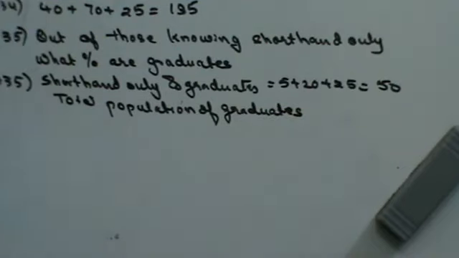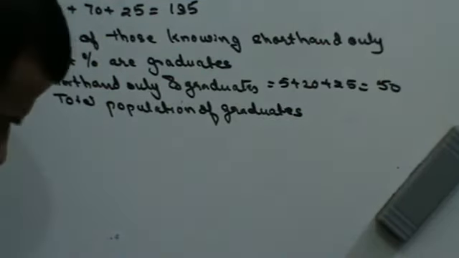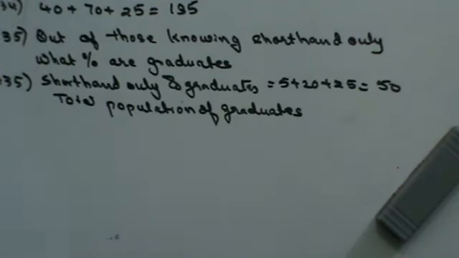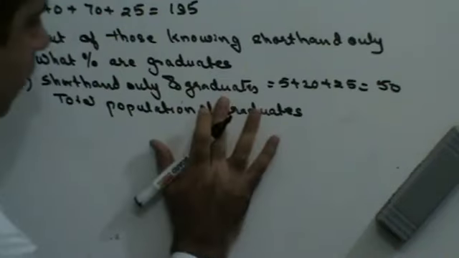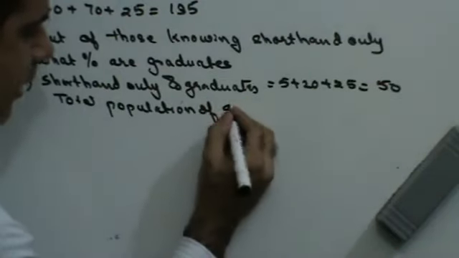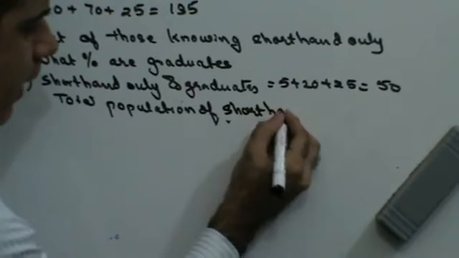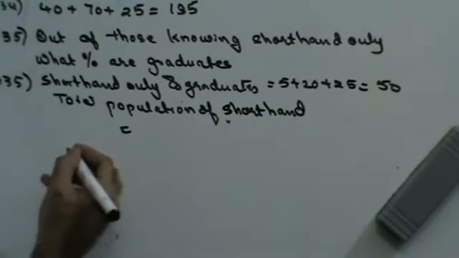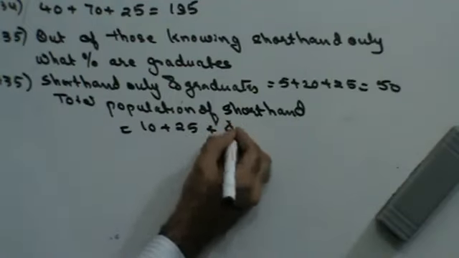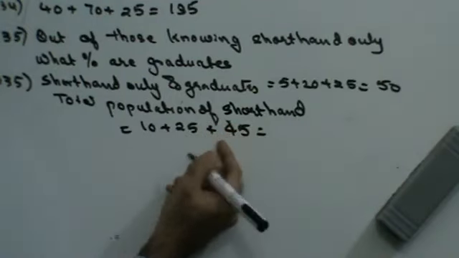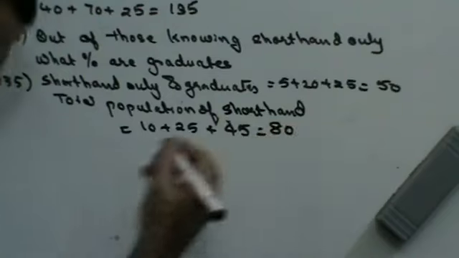Now, I need the total population of shorthand only. Total population of shorthand is going to be 10 plus 25 plus 45. 45, 50, 60, 70, 80.